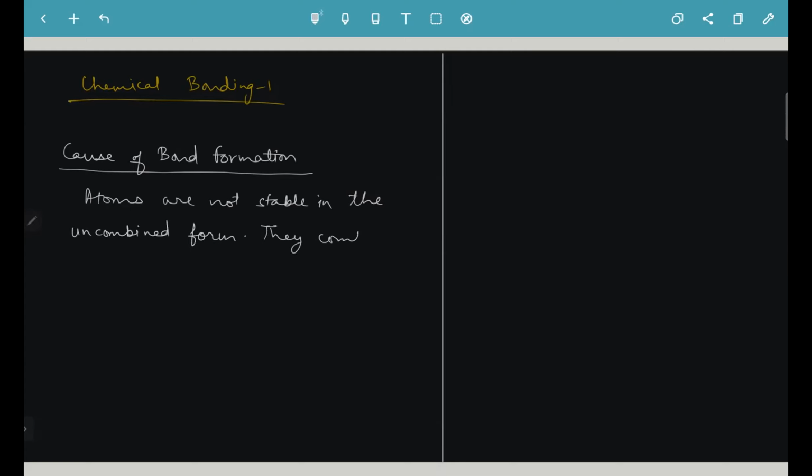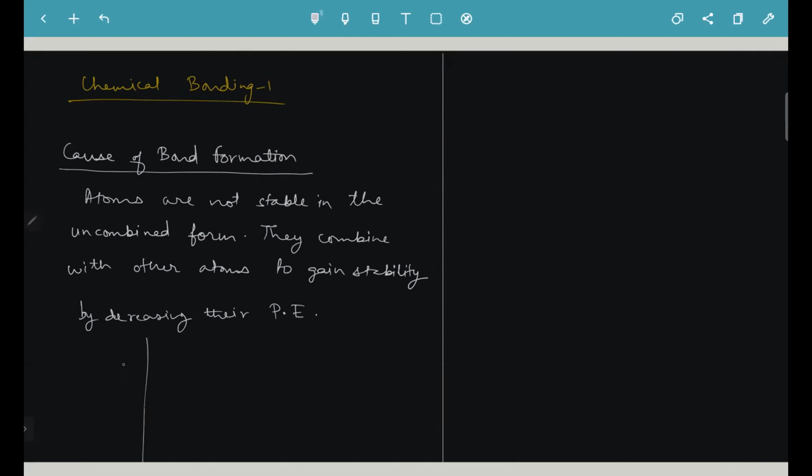They combine with other atoms to gain stability by decreasing their potential energy. This is the cause of bond formation.